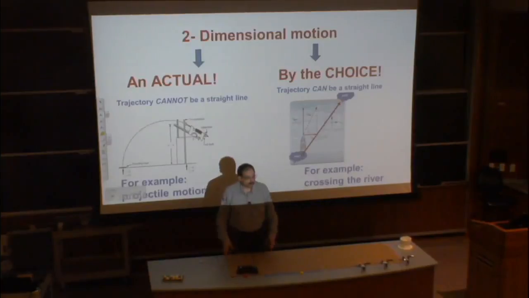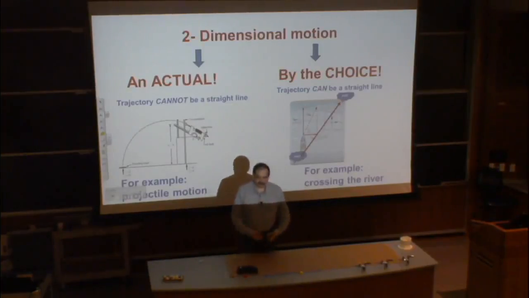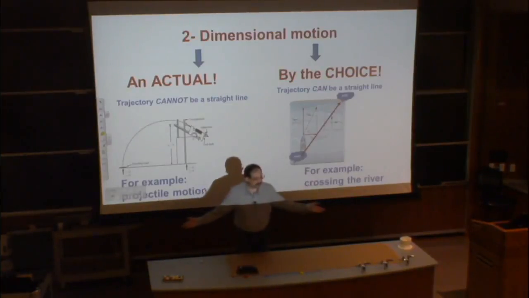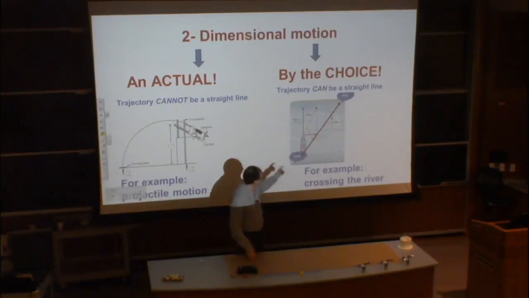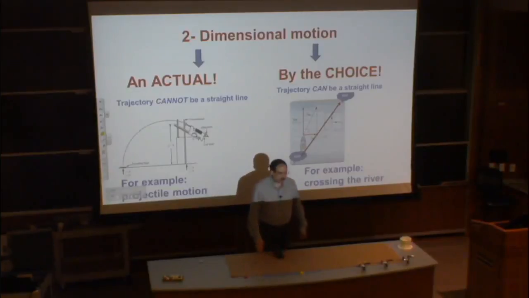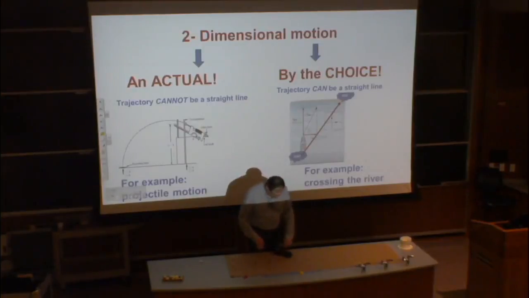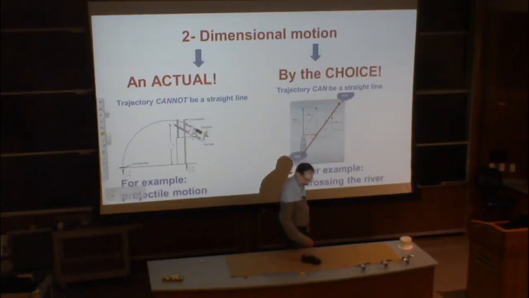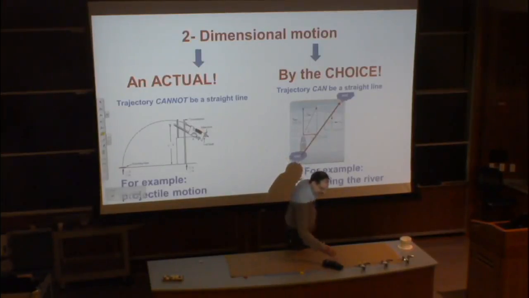By definition, a one-dimensional motion is motion when the trajectory is a straight line. If it's not, that's it. But here, this is a situation when an object moves perpendicularly or at a certain angle toward the stream or flow. In this situation, the trajectory is a straight line.